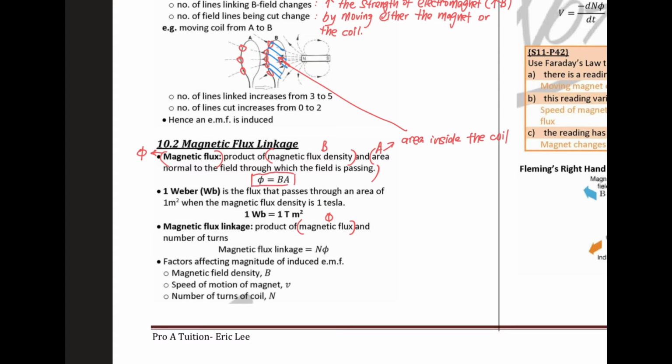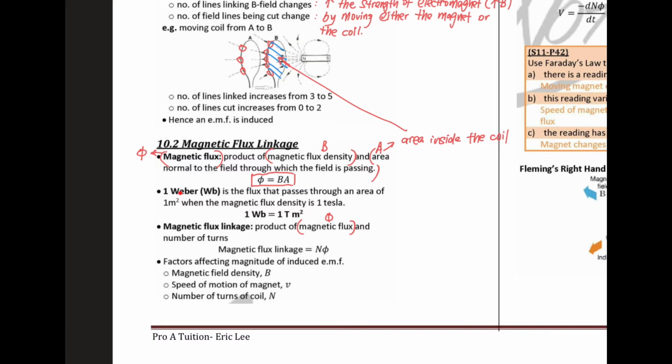But maybe you feel like, I know the formula, but I'm not sure where my magnetic flux is. I just know the formula is B times A. But what is that actually? So we take a look. We try to compare between B, phi and magnetic flux linkage. So we have three things here. Okay, so we move on first.